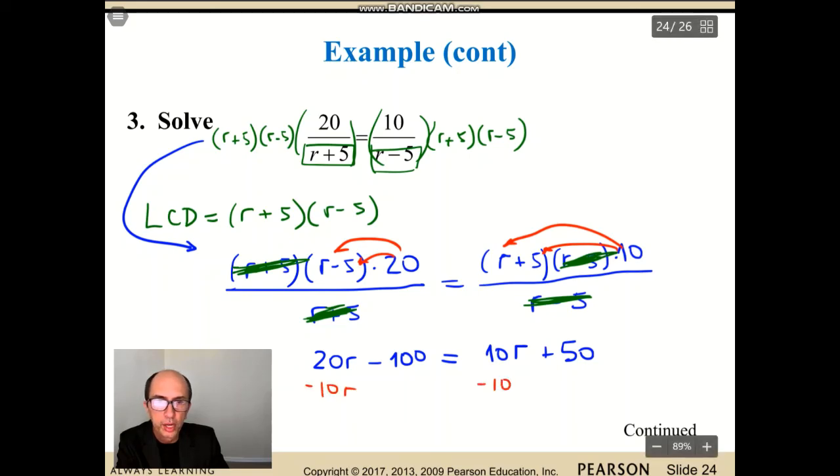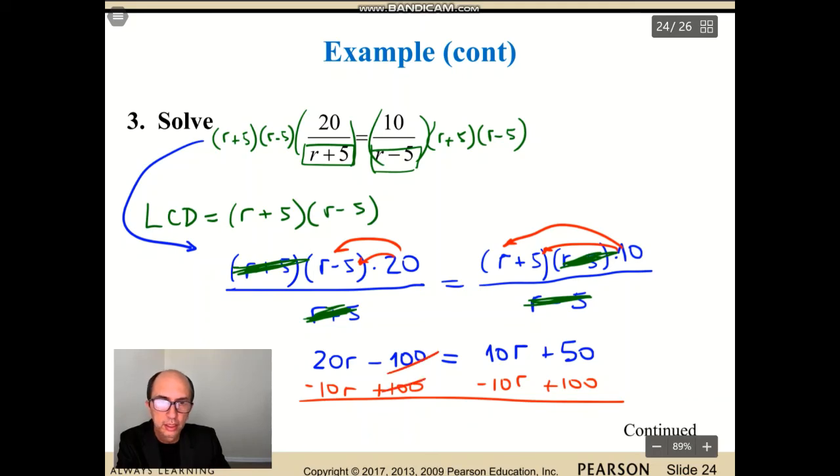Add negative 10r on both sides, and let's move the negative 100 to the other side.